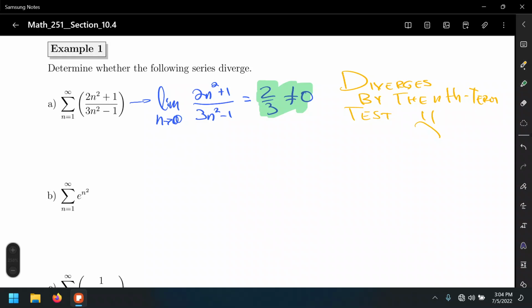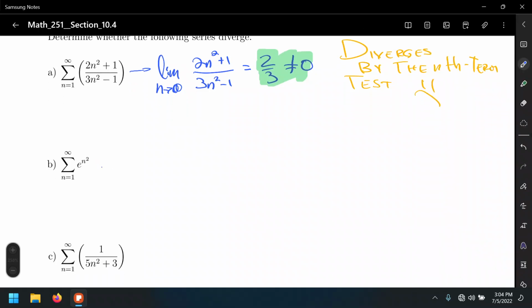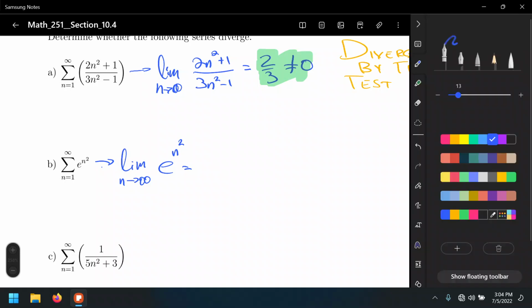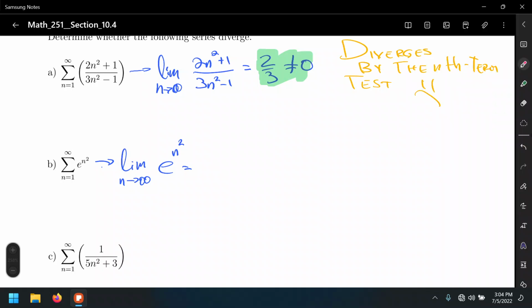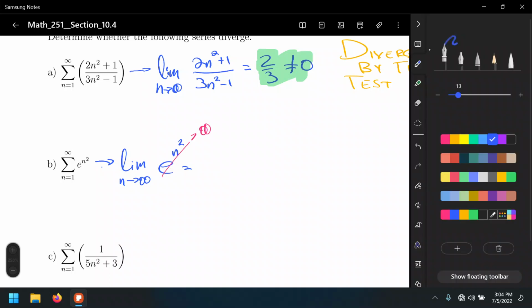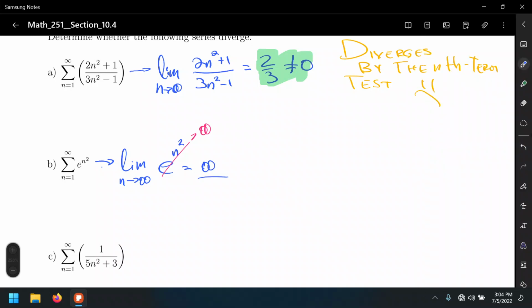Let's look at the next one. Let's turn this into a limit problem. That's the limit as n approaches infinity of e to the n squared. Where is this limit going to go as n approaches infinity? Infinity. Infinity or DNE, depending on the situation.